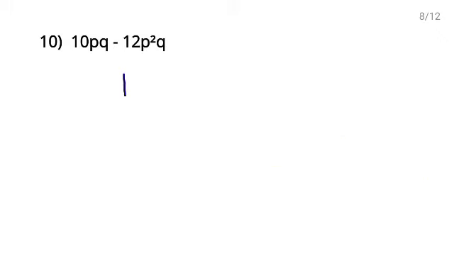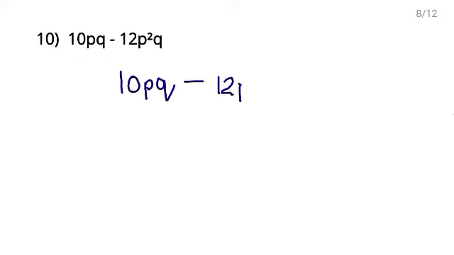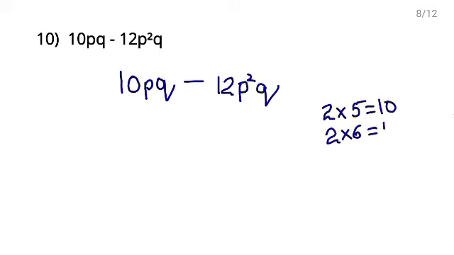Next, 10pq minus, 12p square q. Now in 10 and 12, what is common? We have 2 5s are 10, 2 6s are 12. We have 2 common, so take 2 outside the bracket. We also have p common.